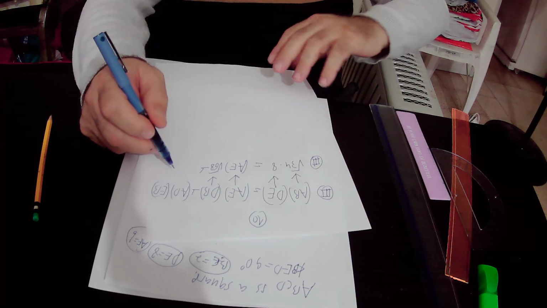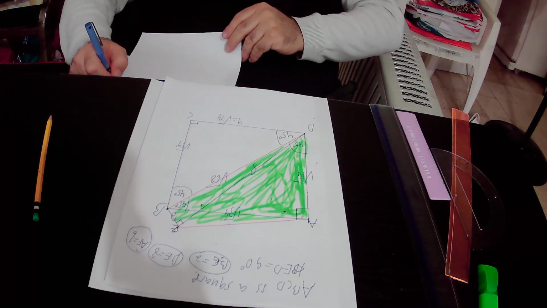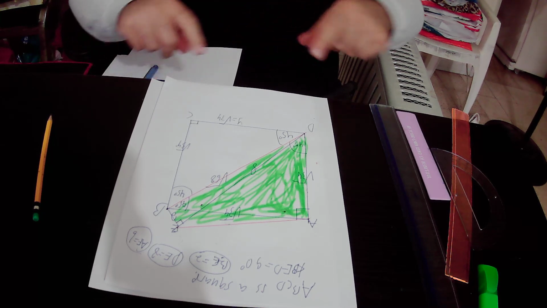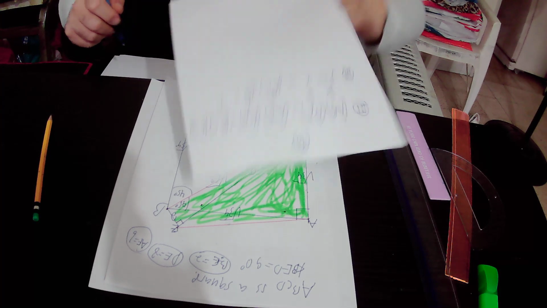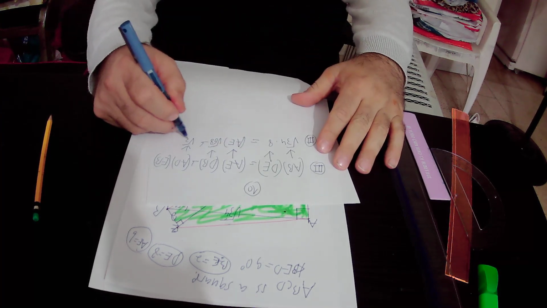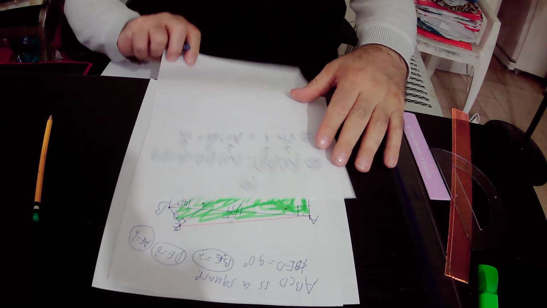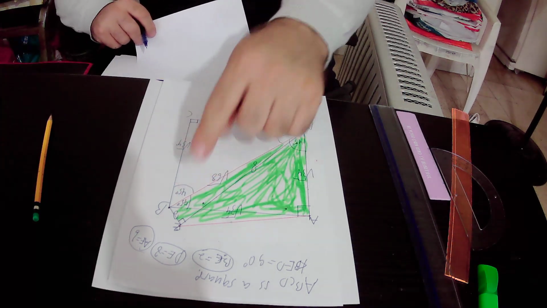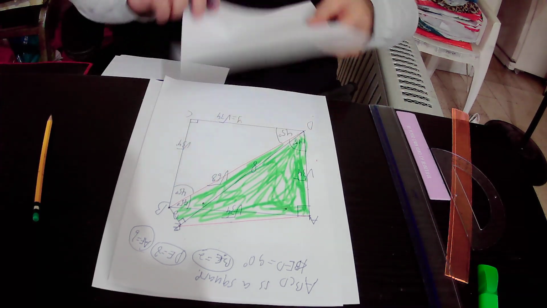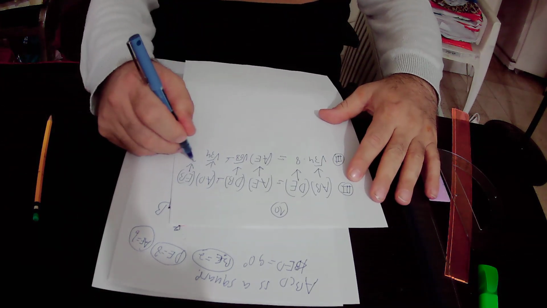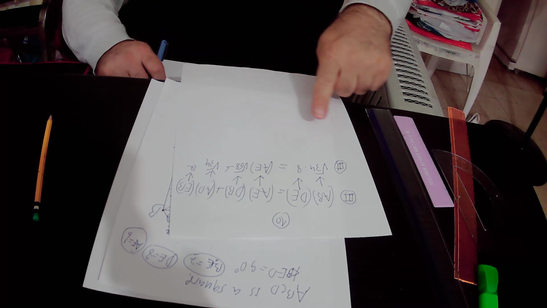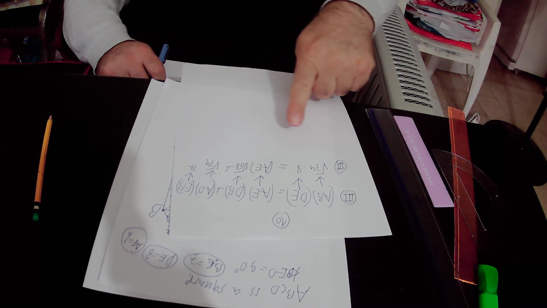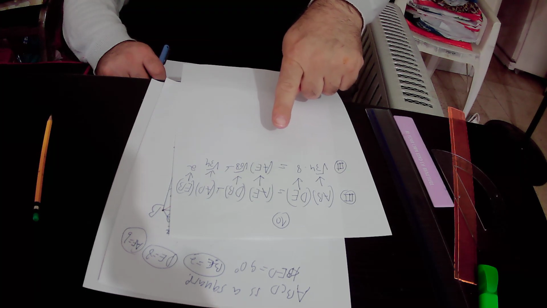plus AD. What is AD? AD equals the square root of 34. So we write down AD equals the square root of 34 times EB. What is EB? EB equals 2 units according to what is given in the question. So the only missing variable in this equation number 3 is AE.